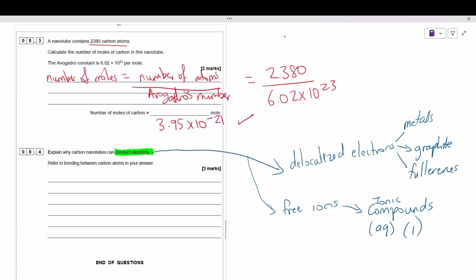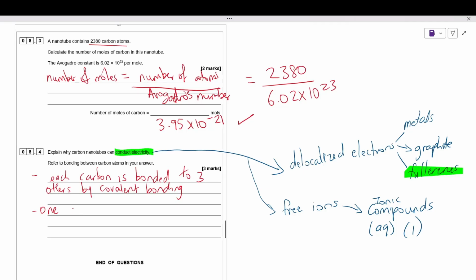So that's what you're thinking about when you're thinking about something conducting electricity. So in this case, we are thinking about it in terms of delocalized electrons, but for fullerenes. So we're going to write about this now. So each carbon is bonded to 3 others by covalent bonding. And because it's bonded to 3 others, it means therefore that one electron is free, is delocalized.